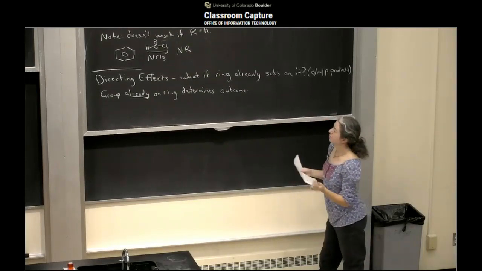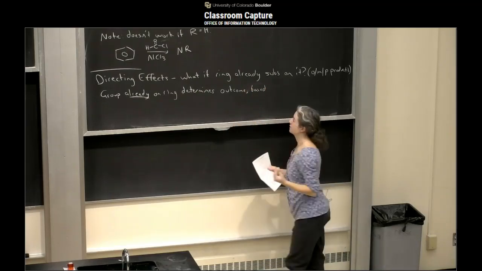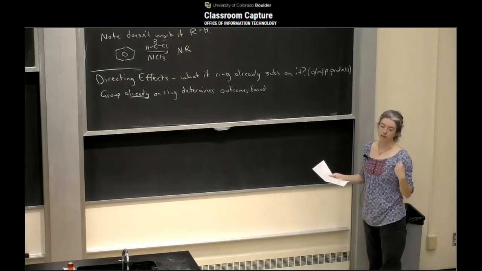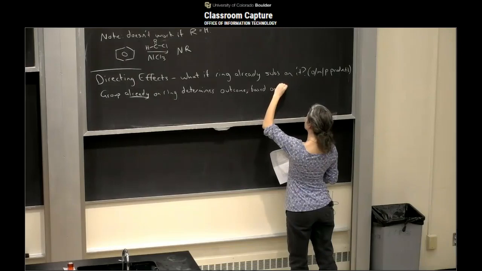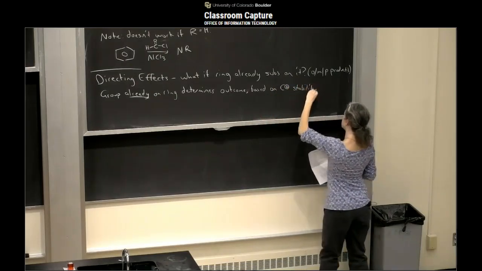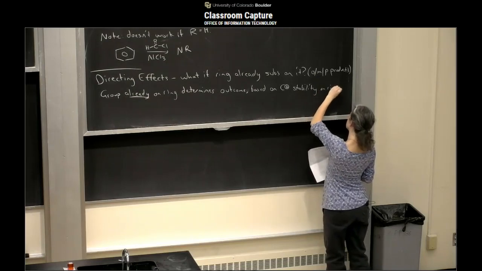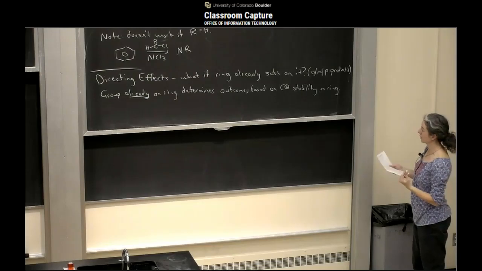Okay, and really it comes down to what it is doing to the carbocation that you make on the ring while the reaction is happening. During the one step where you've lost aromaticity, how good or bad is that carbocation going to be?